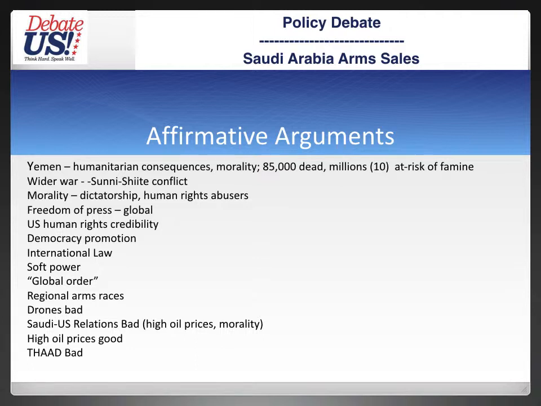Global order is a new but frequently discussed concept in international relations literature. The idea is that after World War II, the U.S. helped form a lot of international institutions like the United Nations, right? And eventually the World Trade Organization. Different, as I mentioned, international law came about after World War II, different conventions and treaties.